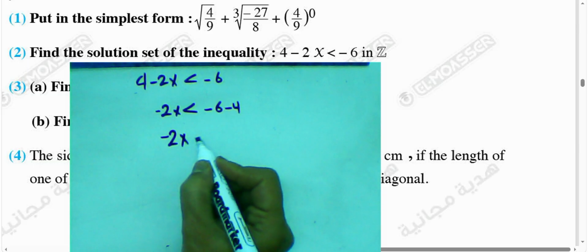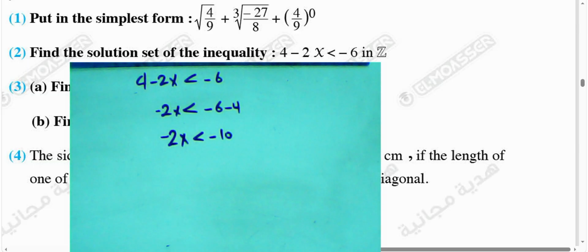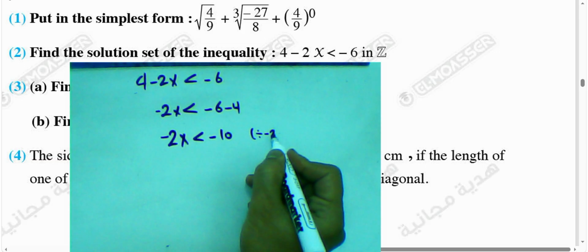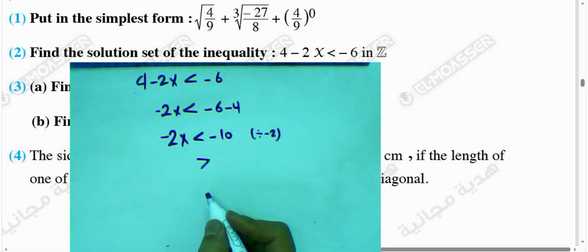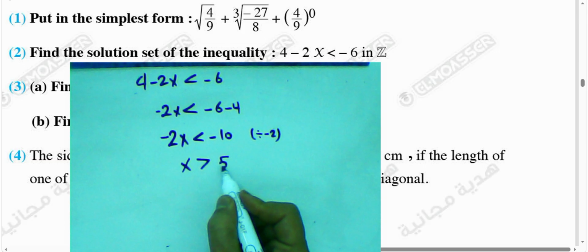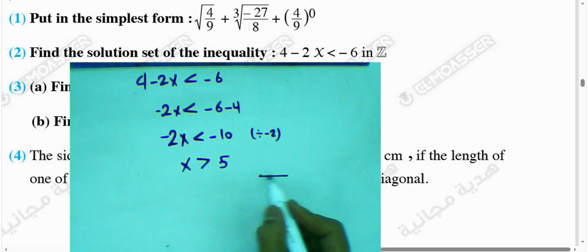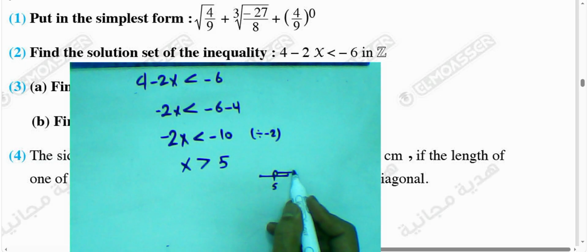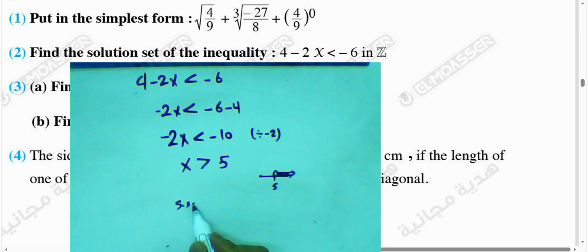Then we have negative 2x less than negative 10. And then you can divide by negative 2 and change the direction here. x will be greater than 5. We have 5 open to infinity. Then the solution set will be 5 to infinity.